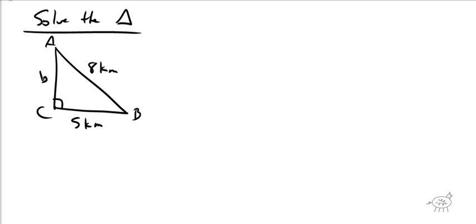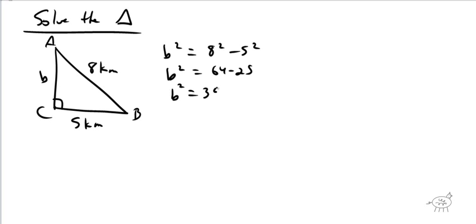You find little b by using Pythagorean theorem. So b squared equals 8 squared minus 5 squared. So b squared equals 64 minus 25. So subtract, and b squared is equal to 39.